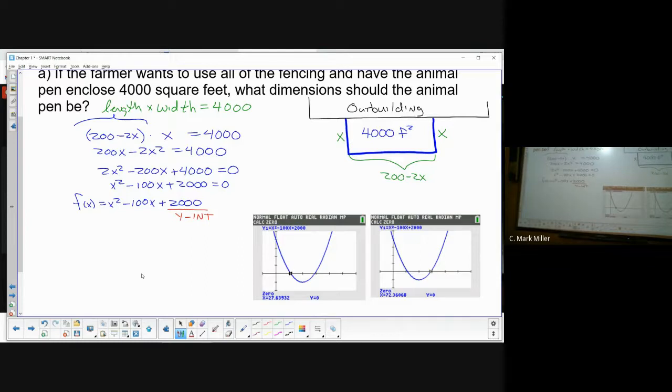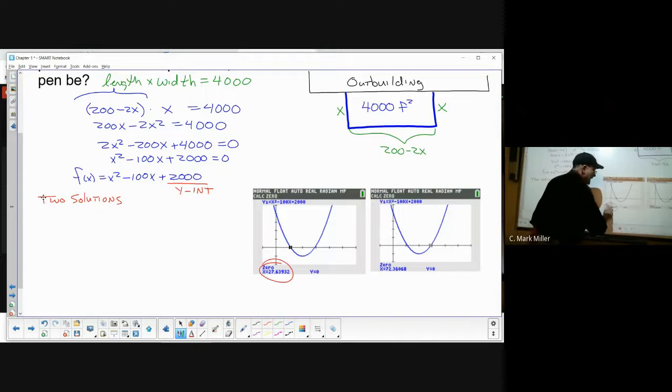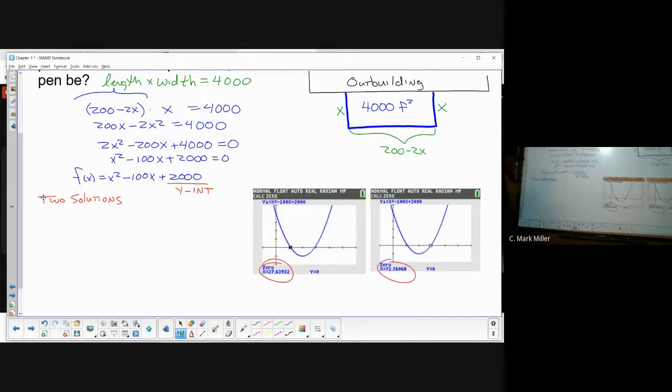So here, my answers are, we have two solutions, right? One's here, and the other one's here, right? So you have x equal 27.36. Oh, you know what?